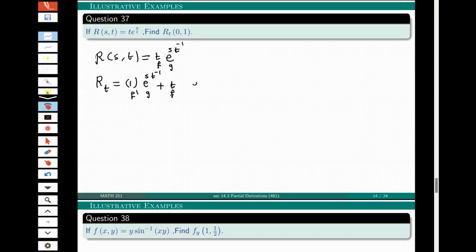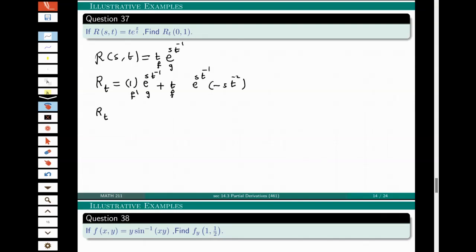The derivative of e is itself, but the derivative of the power will be minus s, with s constant, t raised to the power minus 2.